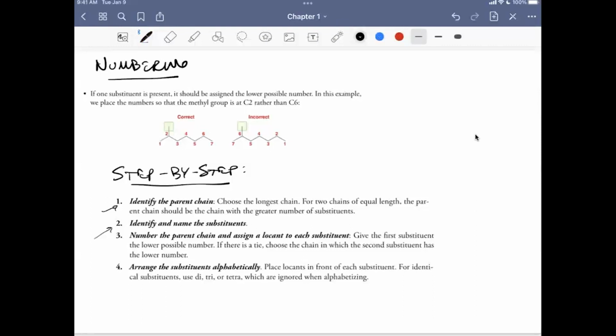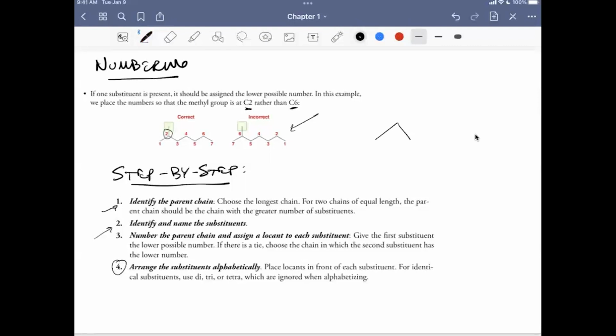And then the last step, which we didn't do, is arrange the substituents alphabetically. So one big thing to note here is that, let's say we have this example here. Your substituents want to be a lower number, and that's what it's saying right here. So if you have multiple substituents, this will be really clear. For this molecule, it would rather be a 2-carbon than a 6-carbon. So numbering is a factor in here.